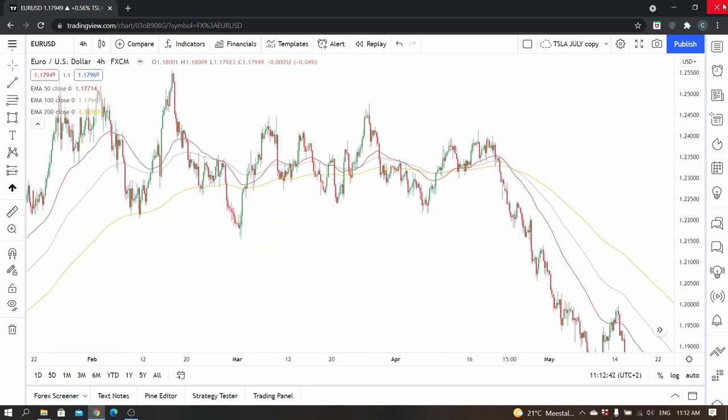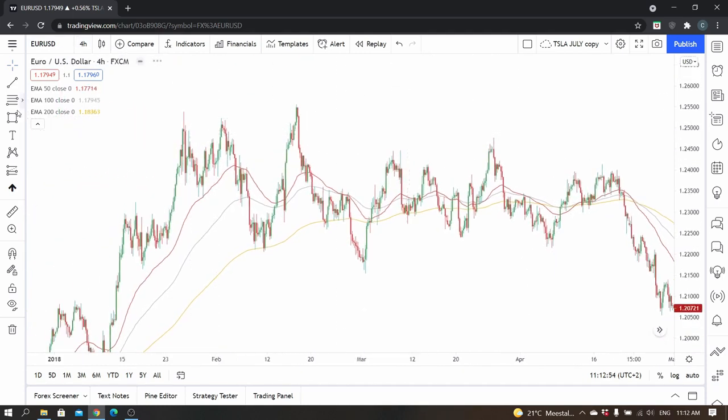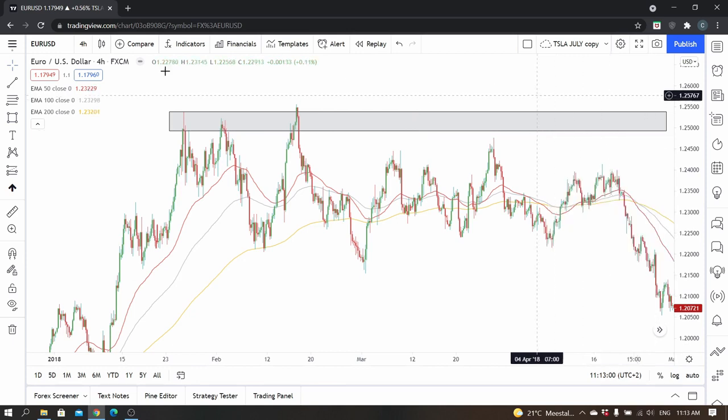So welcome back, and now I will quickly show you how to actually set up this strategy for yourself. We are at the same forex pair, same time frame, just a little bit more in the past. So now I will start drawing them. I started with these three exponential moving averages, but I have them put on the chart automatically.